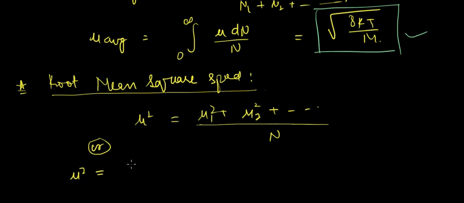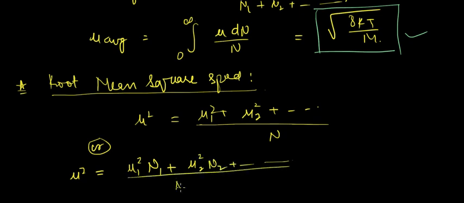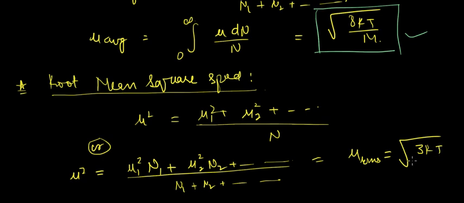We can also write that U square is U1 square N1 plus U2 square N2 and so on, divided by N1 plus N2 and so on. From this we get that URMS or VRMS is nothing but root of 3RT upon M. So just remember this form.